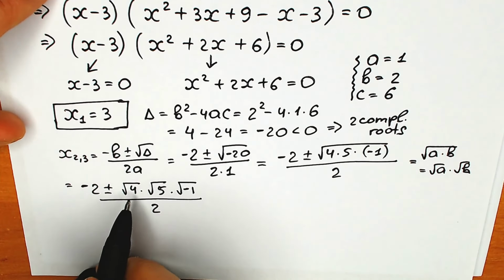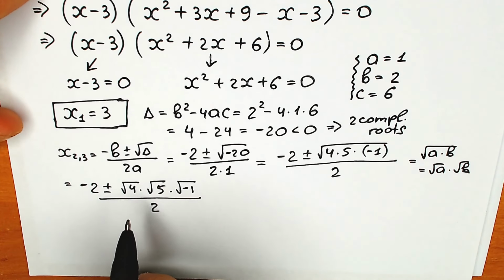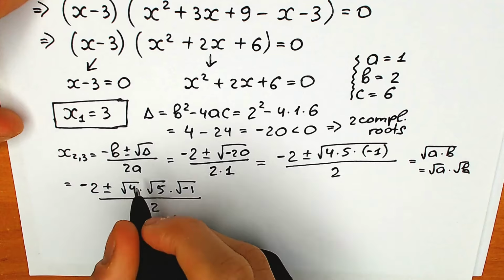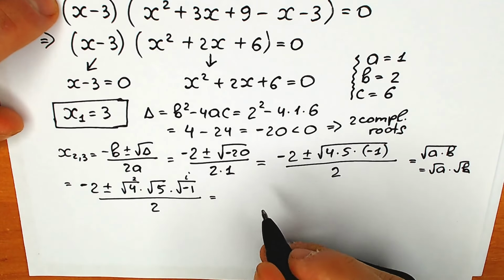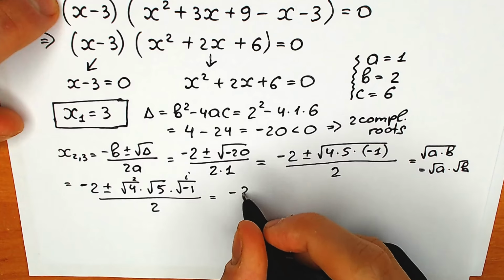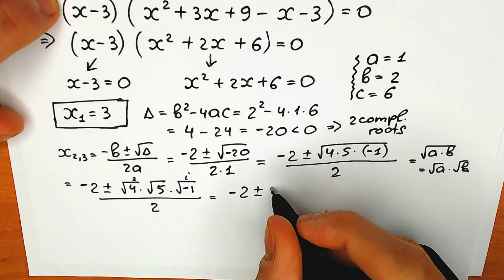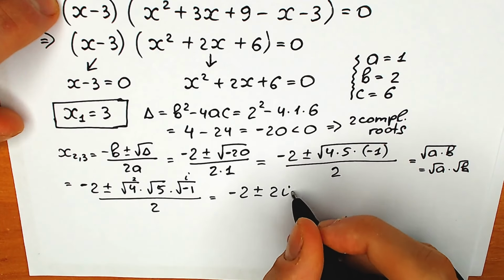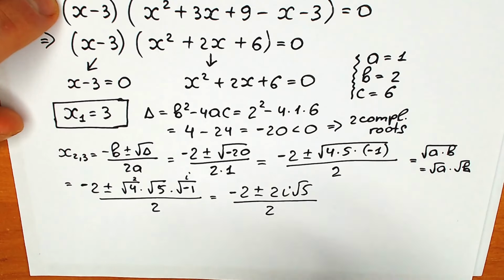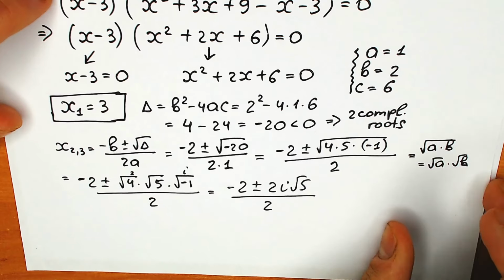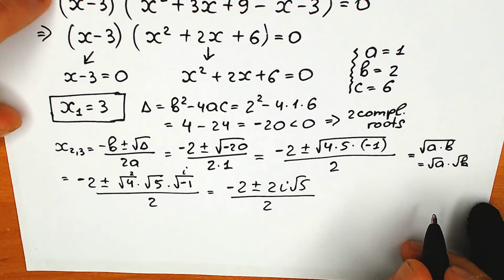Really great. Right now, square root of 4 equal to 2. This is our imaginary unit, this is our i. So as a result, from here we have minus 2 in the beginning, plus minus 2i square root of 5, and all over 2. Really great. And final step, we can easily split it by real part and imaginary part.